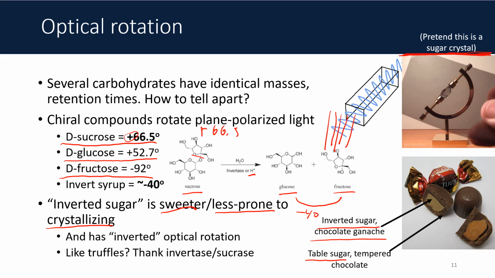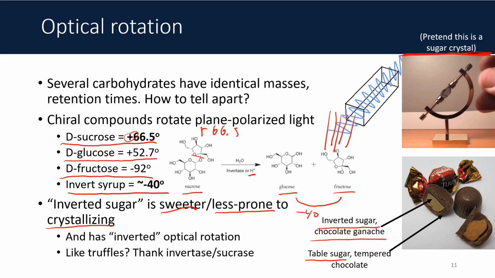It's going to actually rotate negative 40 degrees. And why did we invert the way it optically rotates and to that degree? Well, if you sum up positive 53 and negative 92, you get around negative 40. Look at that. I think that's pretty neat.